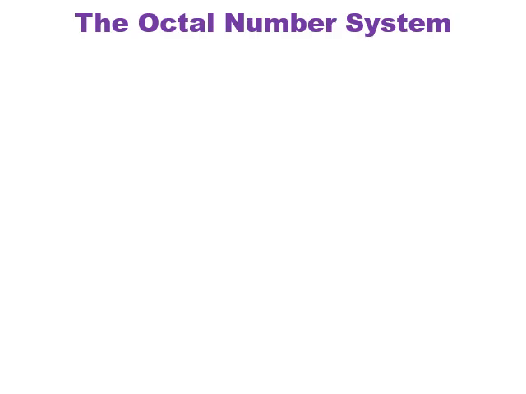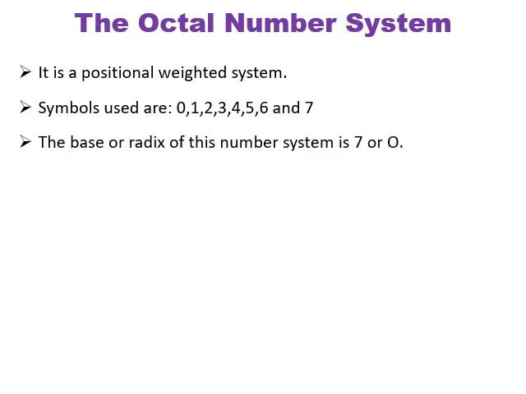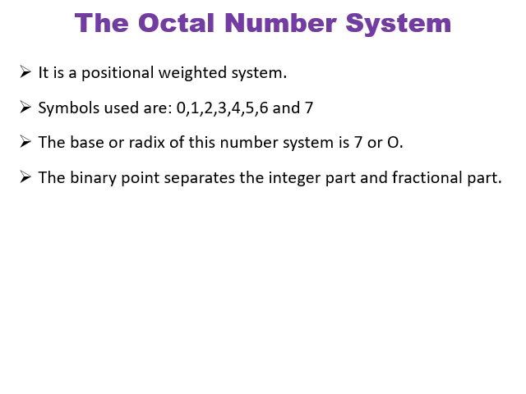Next number system is the octal number system. It is a positional weighted system. Symbols used are 0, 1, 2, 3, 4, 5, 6 and 7. The base or radix of this number system is 8 or O. The binary point separates the integer part and fractional part.